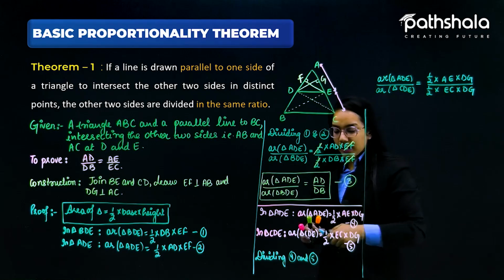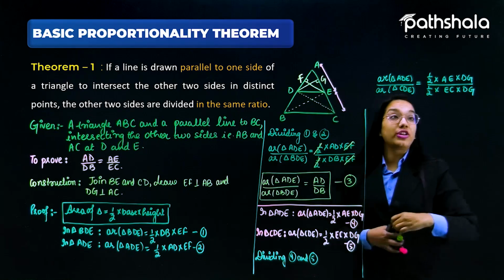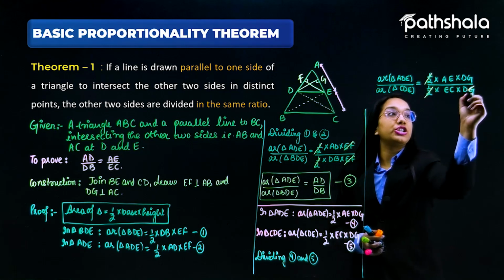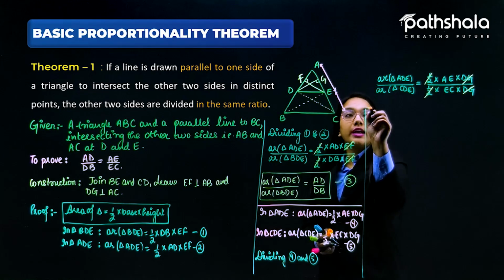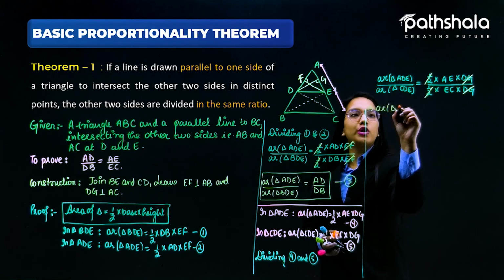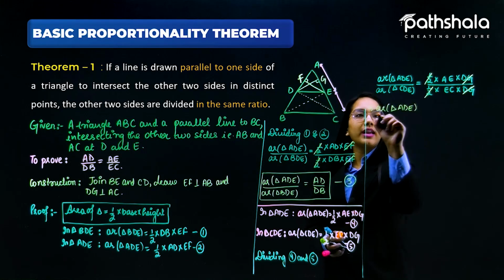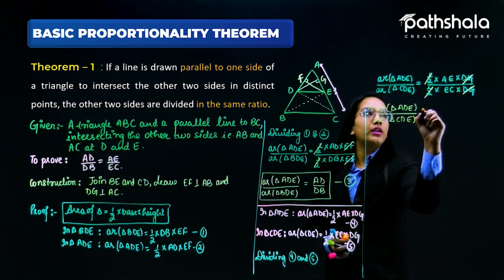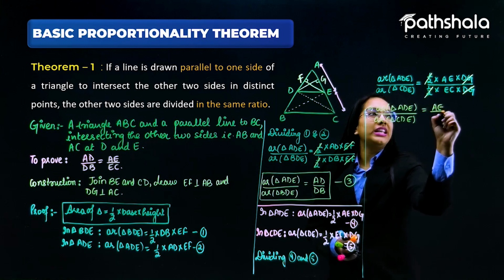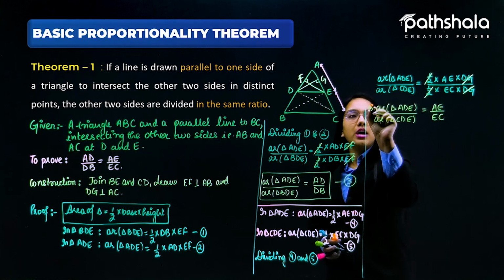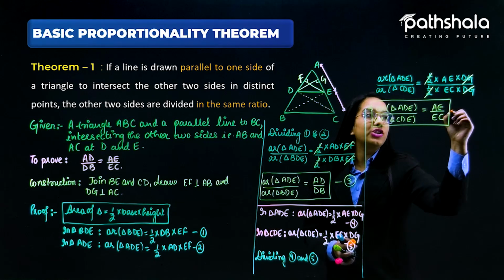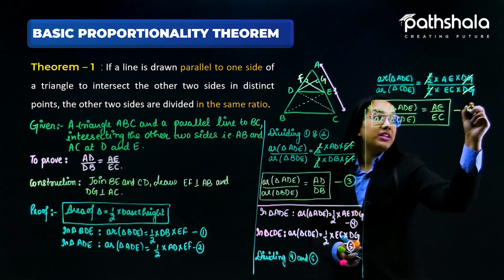Now let's cancel out the values that cancel with each other. As we can see, half and half cancel with each other, DG cancels with each other. It means at the end we are getting area of triangle ADE by area of triangle CDE is equal to AE by EC. Now let us call this equation number 6.